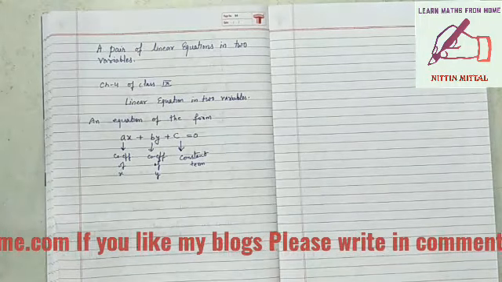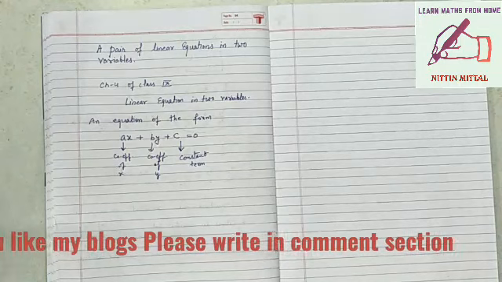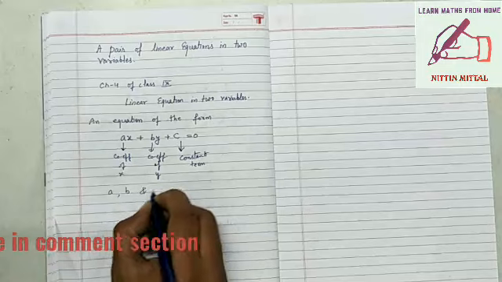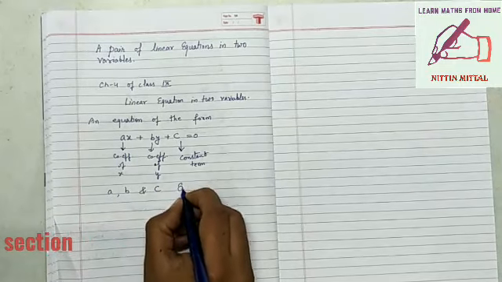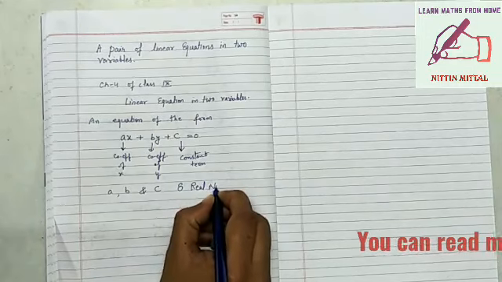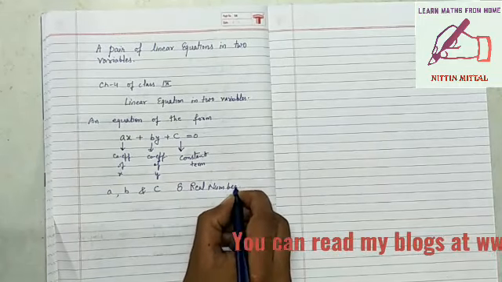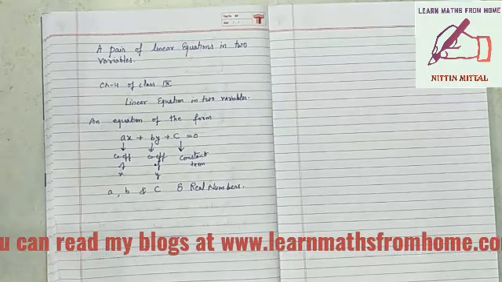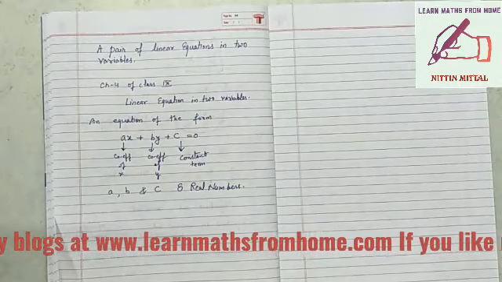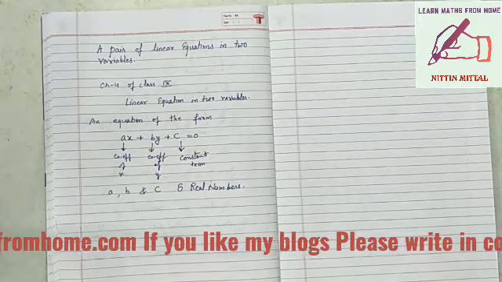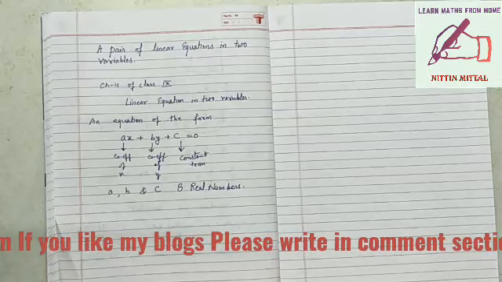Now here the another thing that you have to note, that a, b and c belongs to real numbers. So real numbers, a set of rational and irrational numbers are known as real numbers. So a, b and c can be rational number or irrational number only.